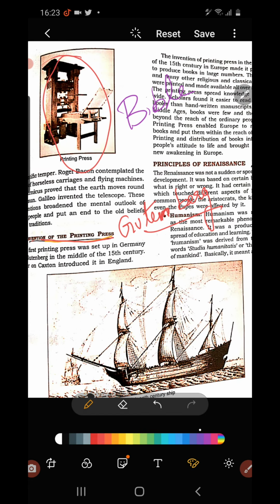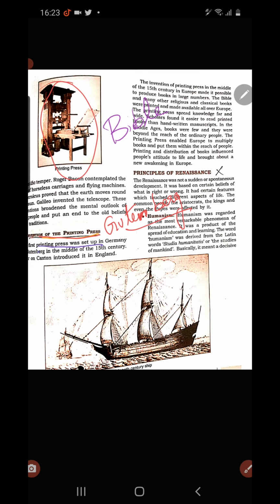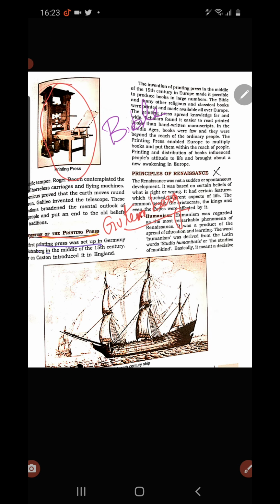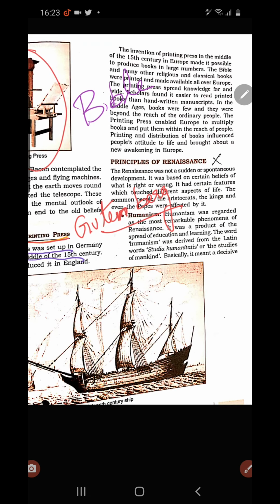Yes, the printing press was set up in Germany by Gutenberg in the middle of the 15th century. The invention of the printing press in the middle of the 15th century in Europe made it possible to produce books in large numbers.